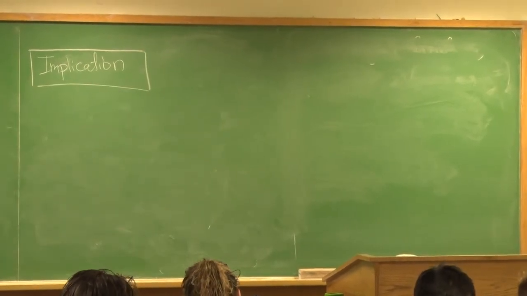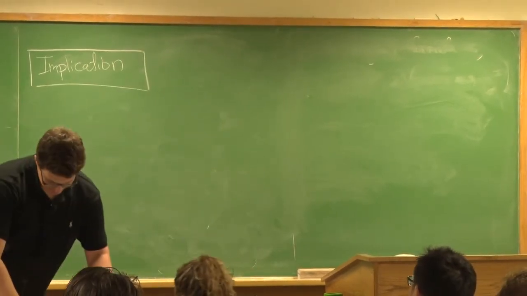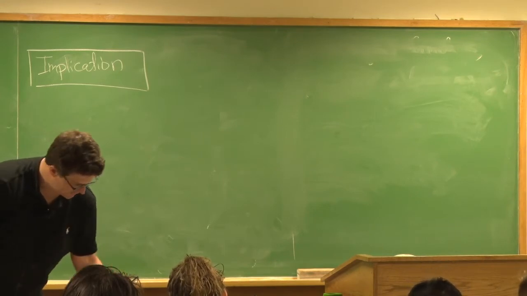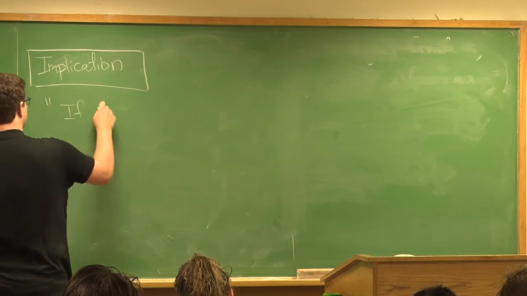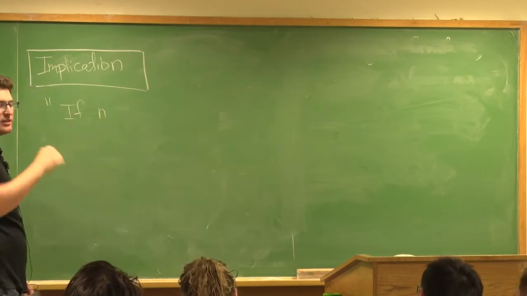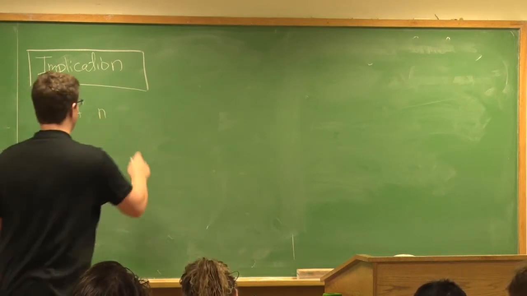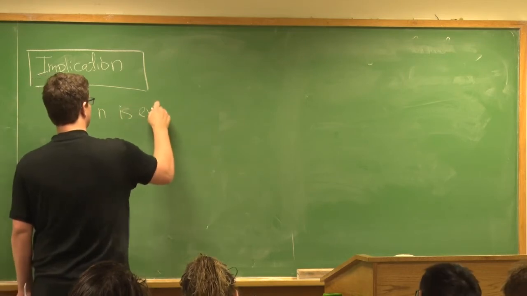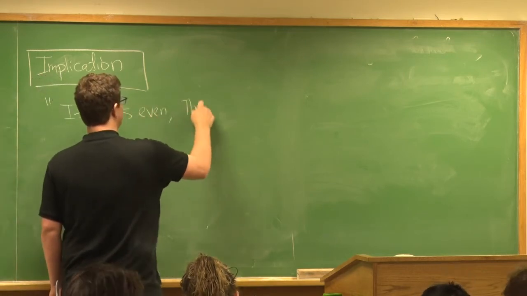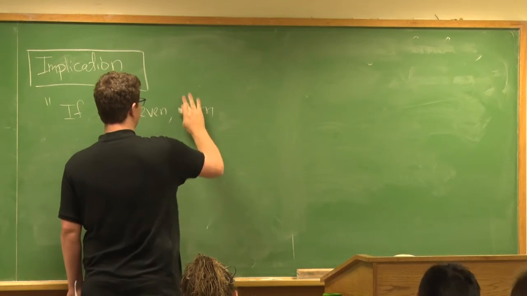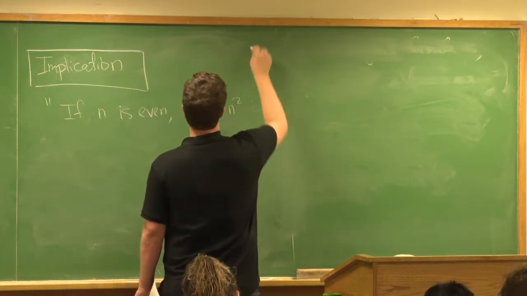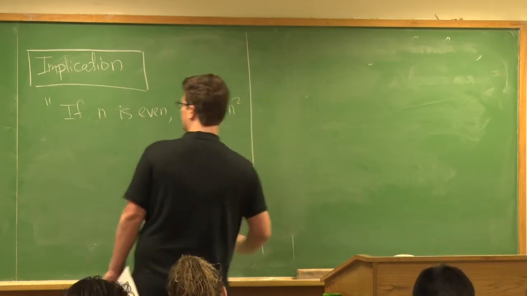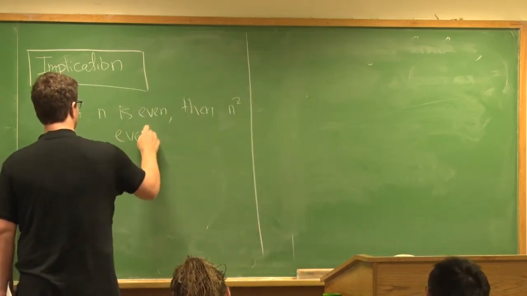Okay. So let me give you some examples, right? So this is going to be a statement about the integers, say, if n is even, then let's just do it like a sentence. Then n squared is even.